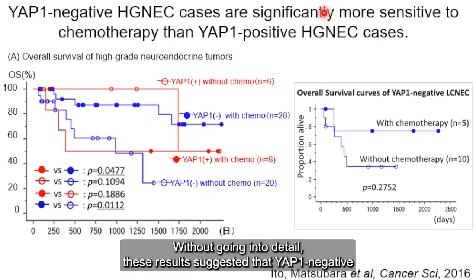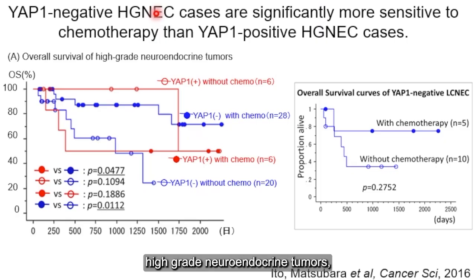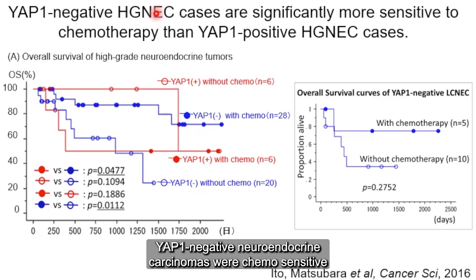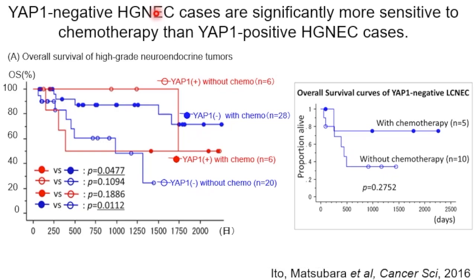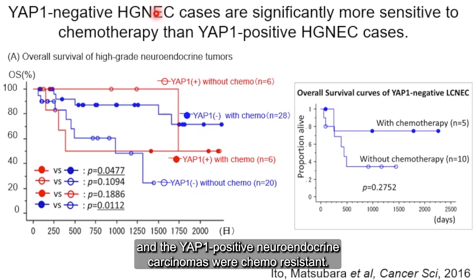Without going into detail, these results suggested that YAP1-negative neuroendocrine carcinomas were chemosensitive, and YAP1-positive neuroendocrine carcinomas were chemo-resistant.